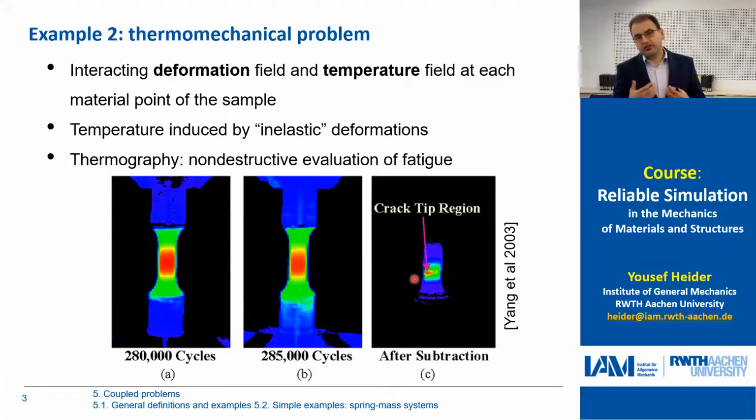And this is another example of how the deformation leads to temperature increase. So previously, the temperature has led to deformations. Now the deformation has led to increase of the temperature, and this is a typical also volume coupled problem.